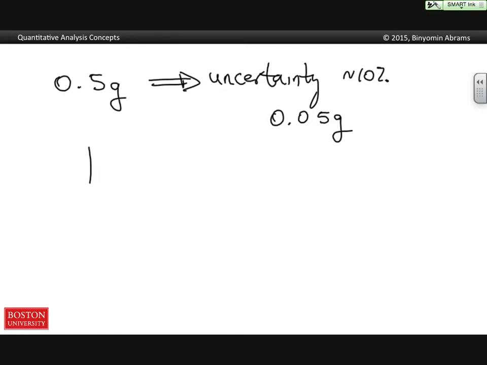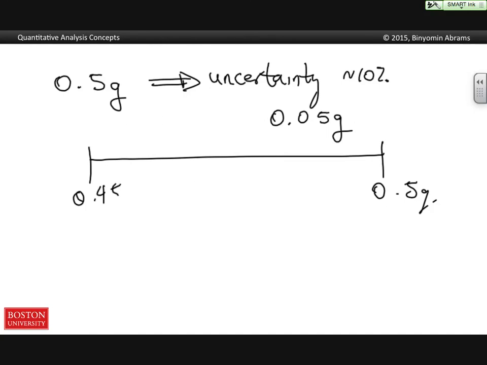If we make a number line here, the maximum that could possibly have dissolved is 0.5 grams. We feel strongly that the minimum that dissolved is 0.45 grams, because we're saying that on the outside 10% didn't dissolve.